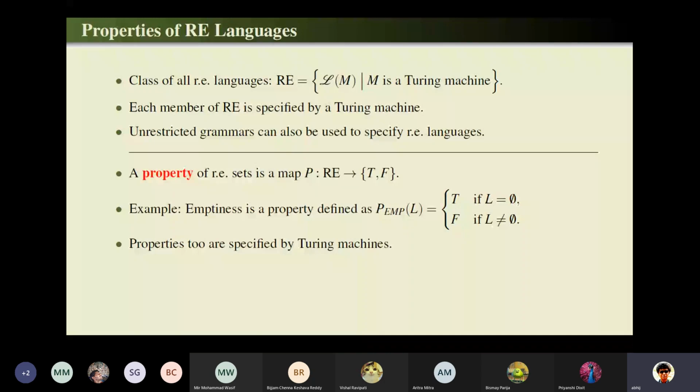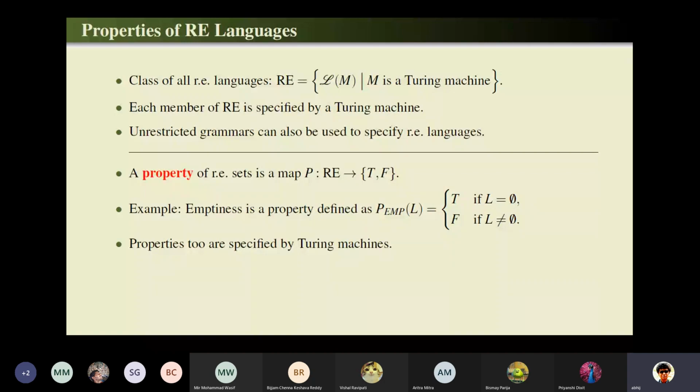As many functions are there from RE to T comma F. And if I fix something like the input alphabet to be 0, 1, then this RE, capital RE, is a set containing how many RE languages?